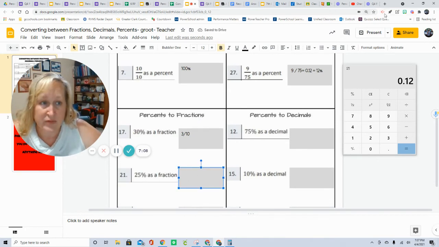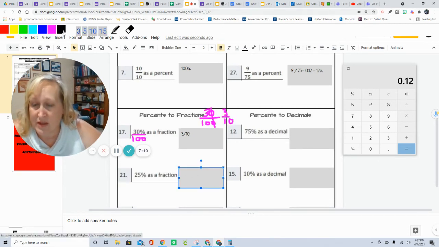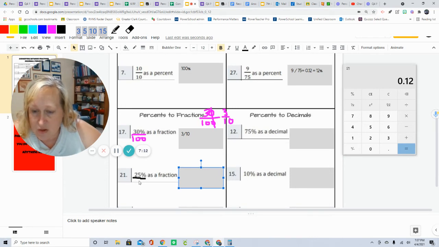Same thing right here. We've got the same sort of situation happening. 25% over 100% is 25 over 100. I'm going to divide them both by 25 because I can. Oh, I hate writing with the pen. Equals 1/4.